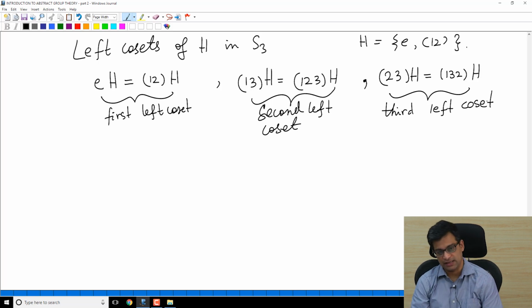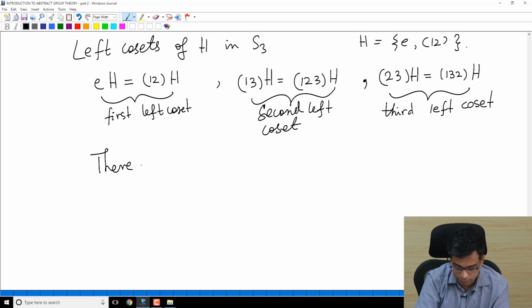Remember that S3 has 6 elements. So potentially there are 6 left cosets, right? Because for each element you multiply by H. So EH, (1 2)H, (1 3)H, (2 3)H, (1 2 3)H, (1 3 2)H. So there are 6 potential things, but because of identifications, because they are not all distinct, there are only 3 left cosets.